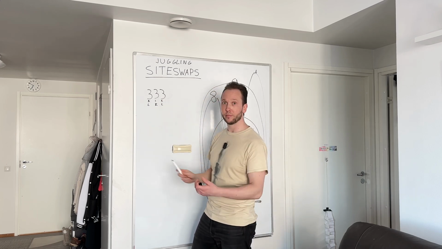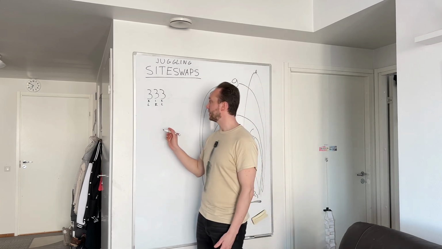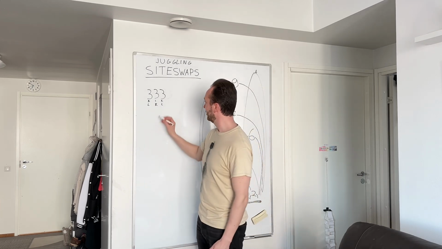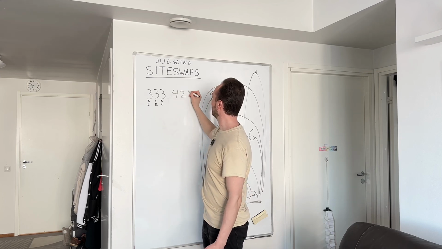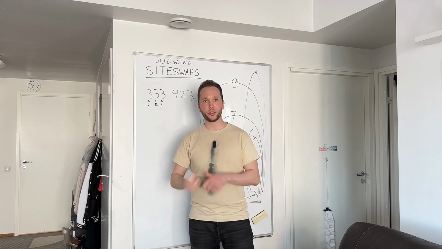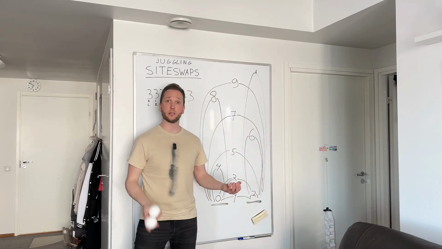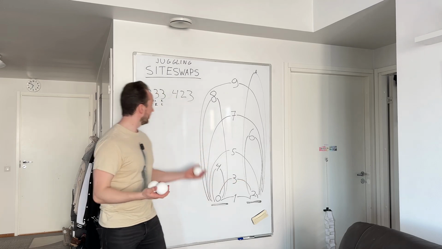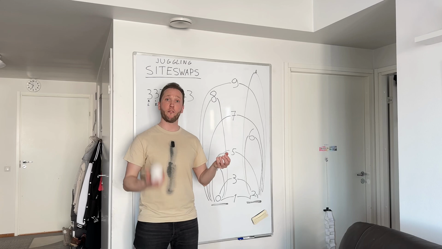So very simple. Now let's do different tricks. Let's have my favorite 3 ball trick, 4, 2, 3. Just to show you an example. So first we have the throw 4, which is here. Then we have 2. 2 is just holding the ball. 4, 2.